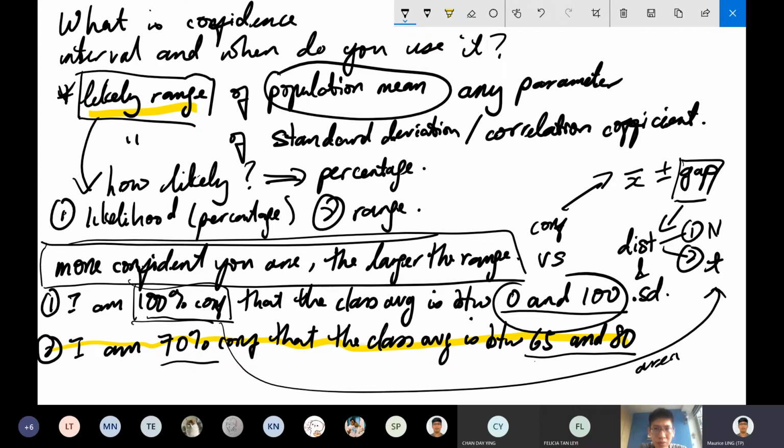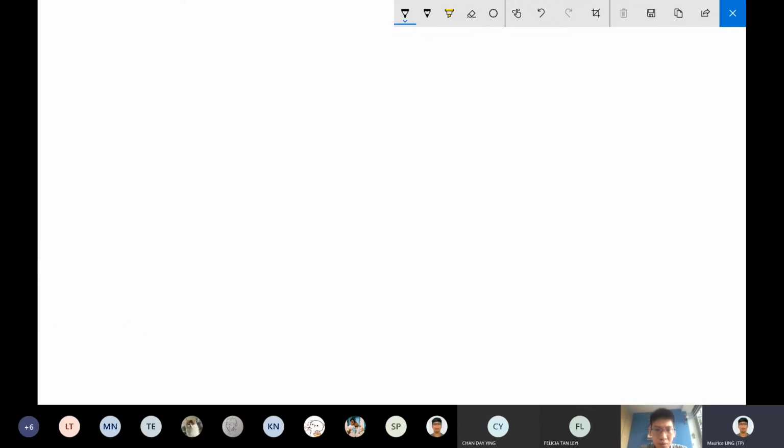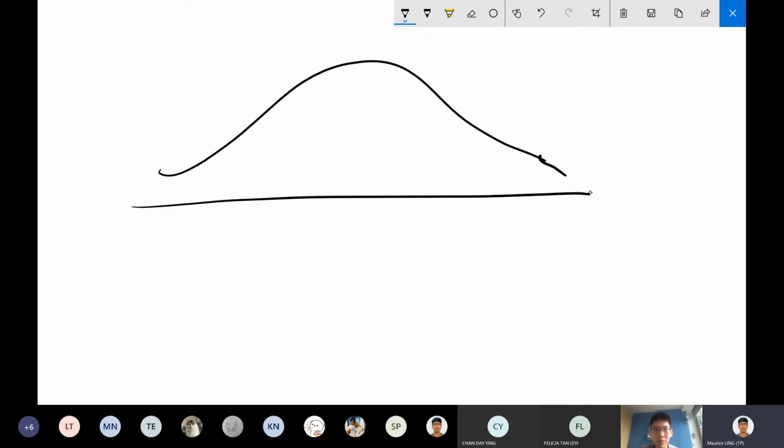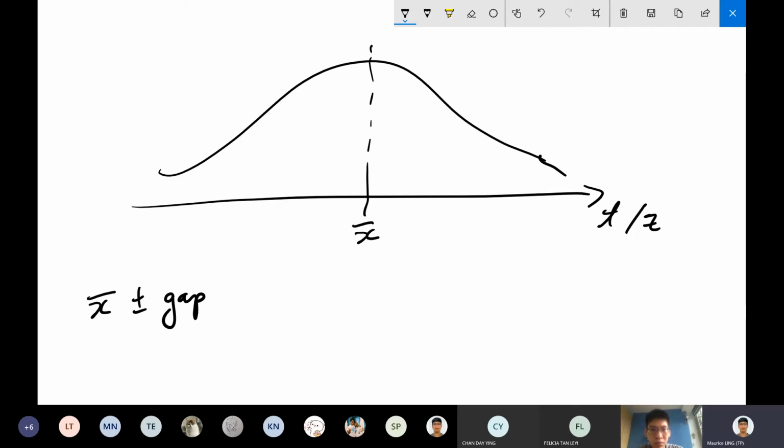Make sense? If I were to erase all this, whether it is the normal distribution or the t-distribution doesn't really matter. This can be a t value or a z value. So this is the average. You will always find that the confidence interval is plus or minus a gap, which means it is symmetrical.